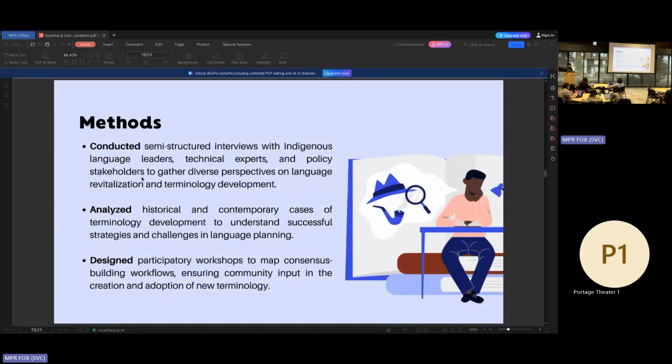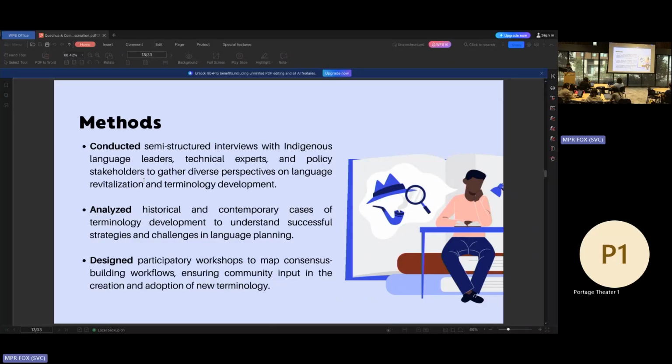And some of the methods I conducted during my work this summer are, of course, interviews with indigenous language leaders, technical experts, professors, and policy stakeholders that speak the language, so that I could understand their different perspectives on language revitalization and terminology development.